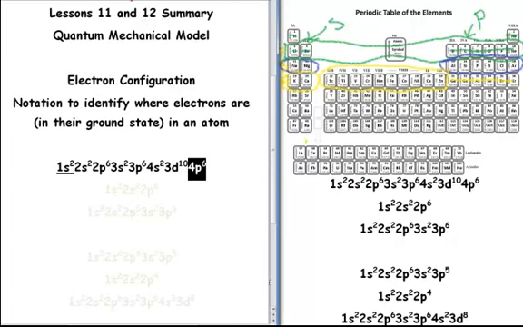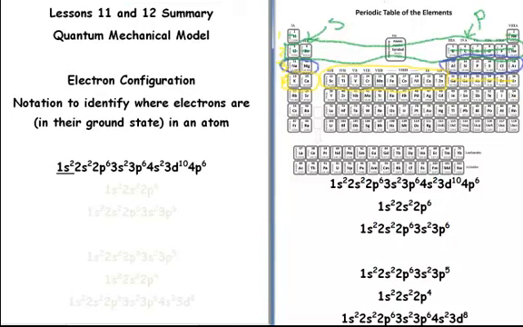Okay, now, if we've done that and we have placed a total of 36 electrons, we have then placed all of the electrons for this element right here, which is krypton, and which has an atomic number of 36.